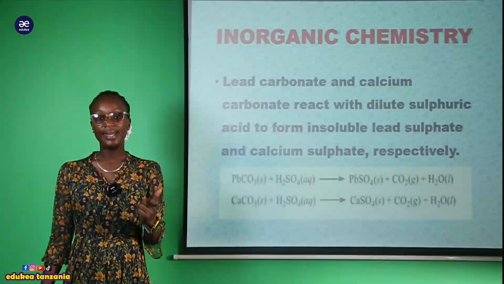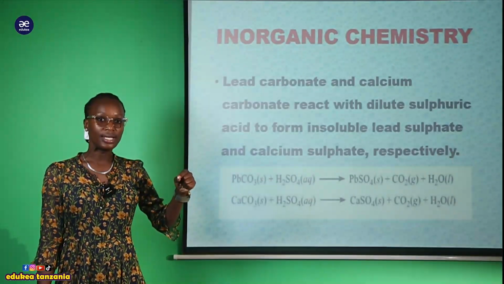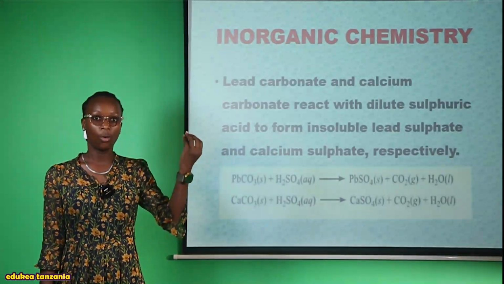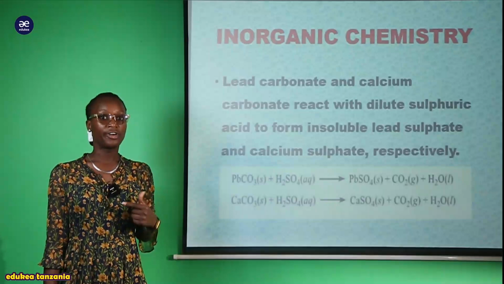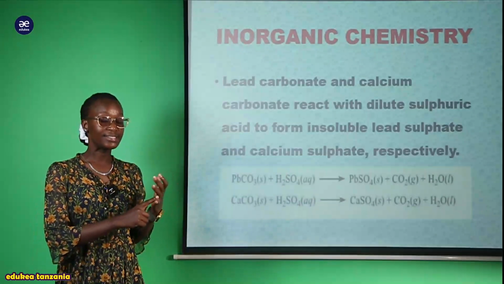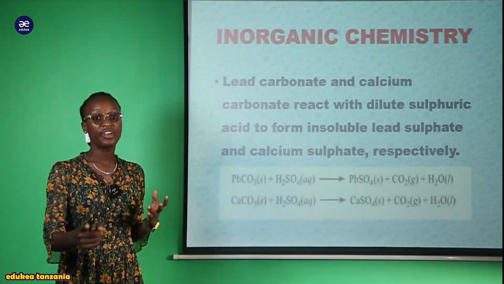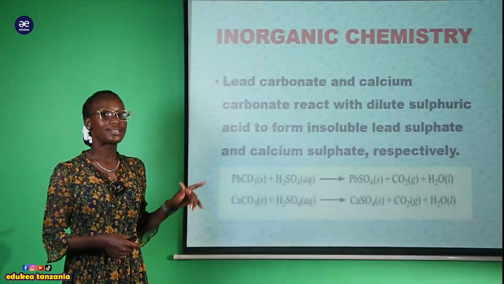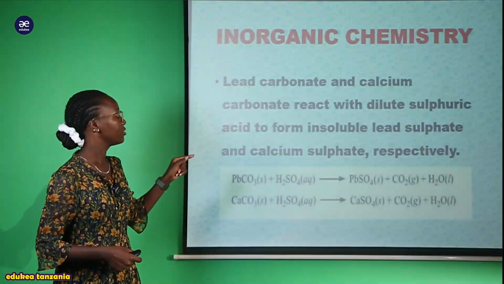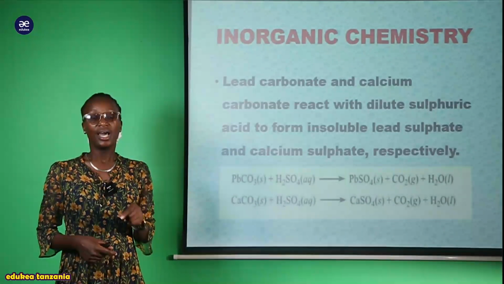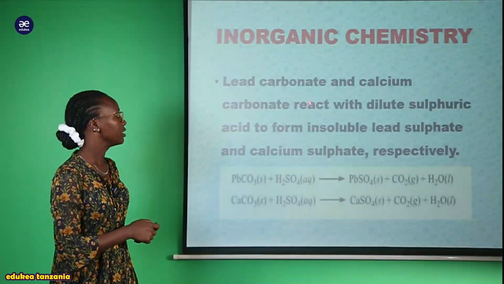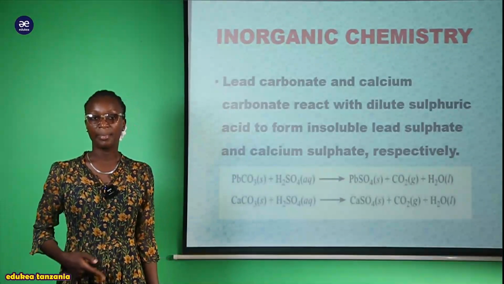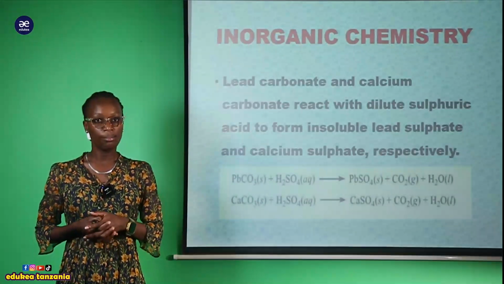Sasa kumbuka lead kuanzia kwenye ile diluted HCl alikuwa ana display the different features na carbonate compound nyingine. For instance, kuanzia kule kwenye HCl lead alivyo react, obviously tulipata insoluble compound of the lead chloride, but the same when we talk about the dilute sulfuric acid, it react with this lead carbonate but also with the calcium carbonate to give the same product ambazo zote ni insoluble compound.